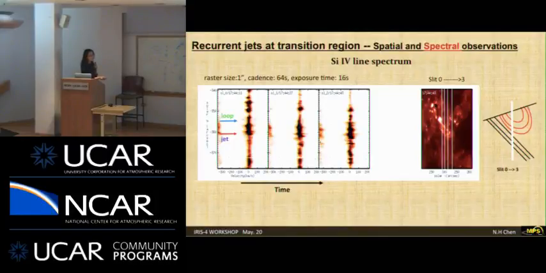It basically covers a portion of the loop and the elongation of the jet. So it's just a full sketch, and each exposure time is 16 seconds. It's a little bit long. So I will show you what happened in the loops and also the jet.